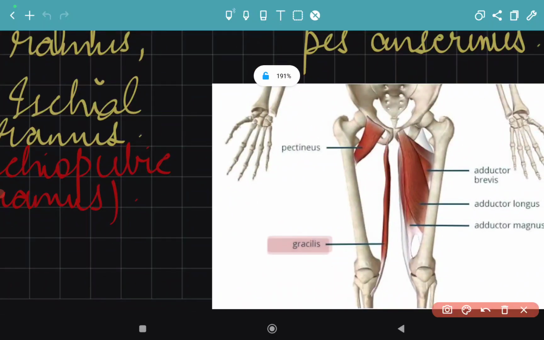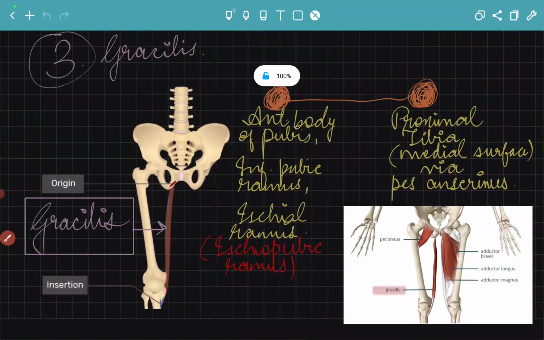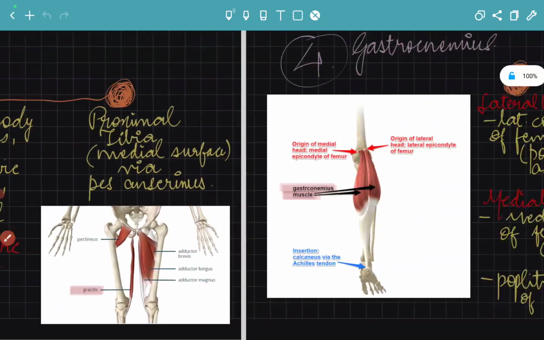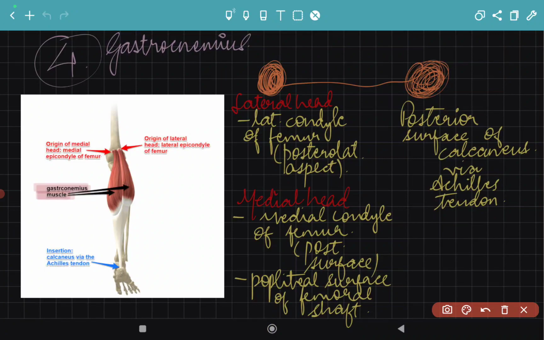We can have a look over here. Ischiopubic ramus, anterior body of pubis. There the gracilis will originate or start and travel down to the proximal aspect of tibia at the medial surface of the tibia. That was about gracilis.